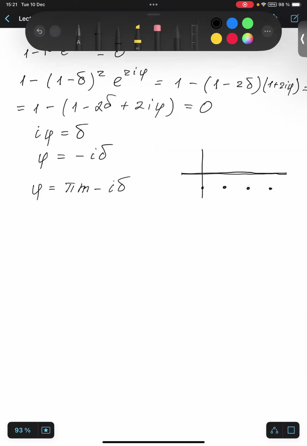So basically, it means that when we have a scattering of the wave on our structure, we obtain some resonances.